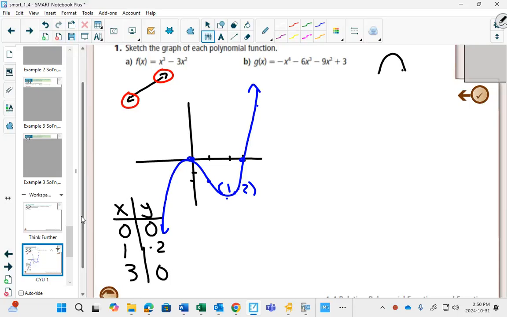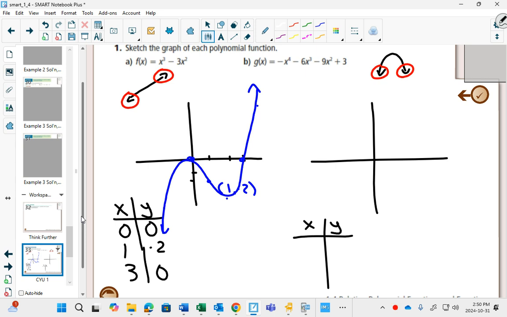X to the 4 graph, that's negative. So I would know that my end behavior looks like this. I would definitely plug in 0 and get my y-intercept at 3. And again, as you plug in more and more points, you would get an idea of what this graph looks like.